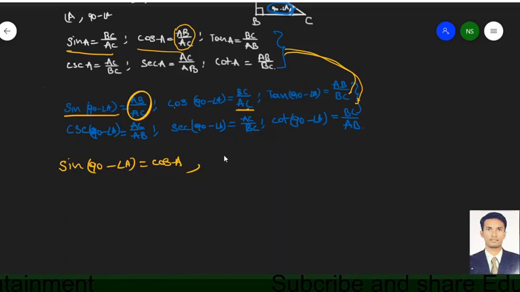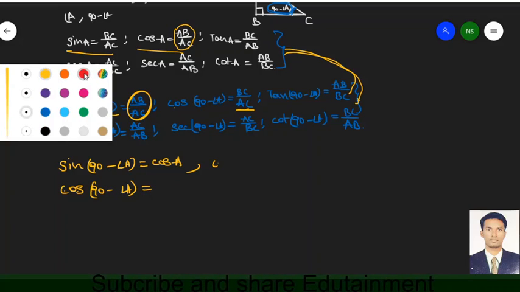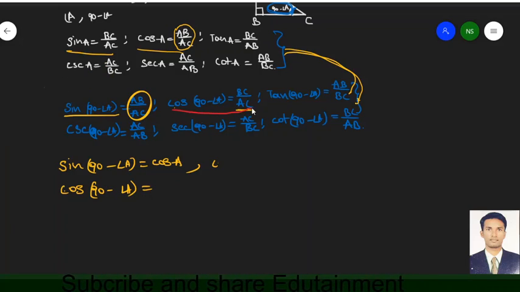Next, cos 90 minus angle A. From this one and this one, you see BC by AC is equal in both.